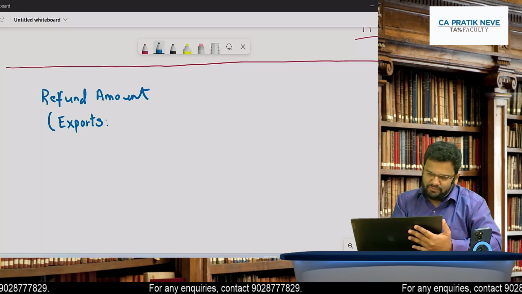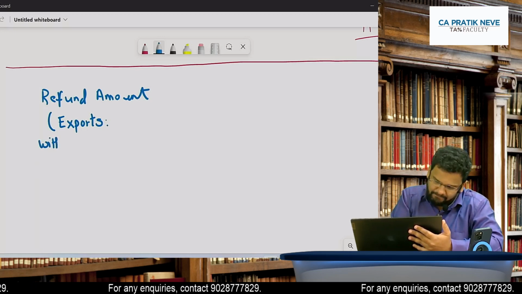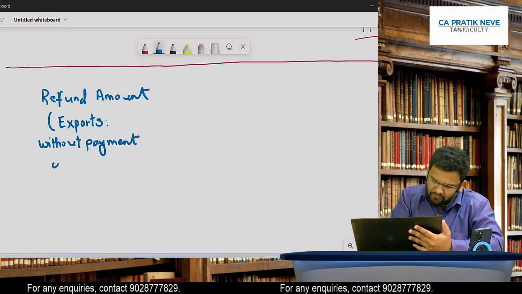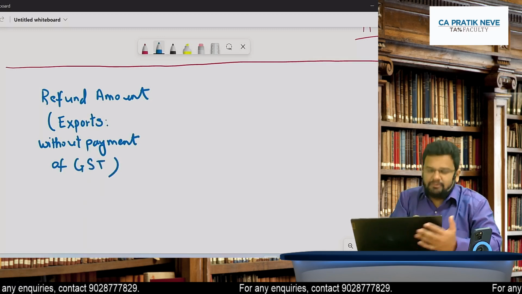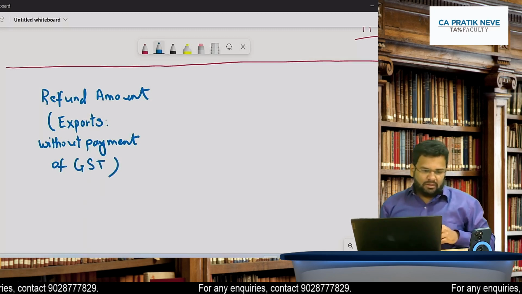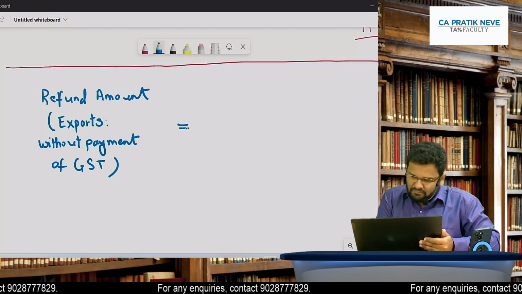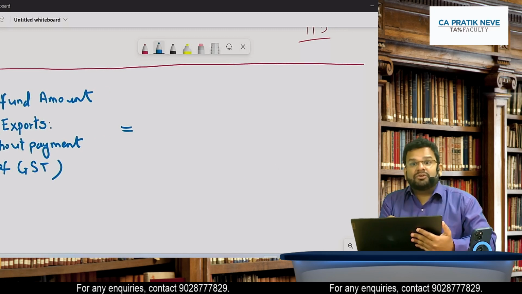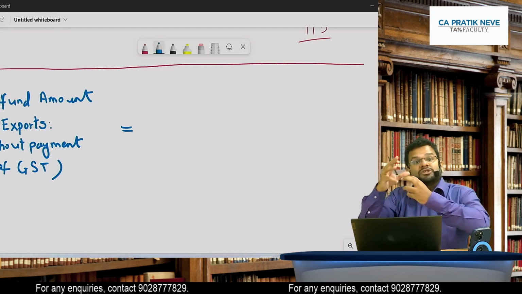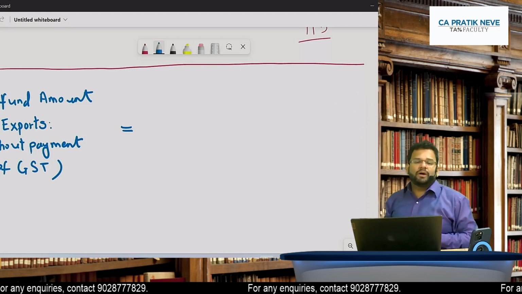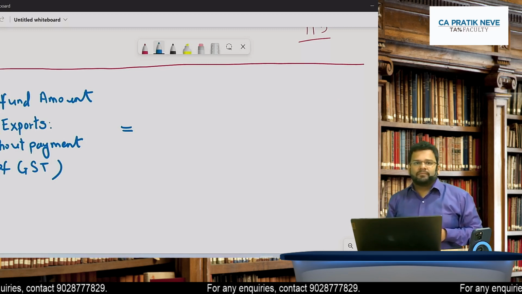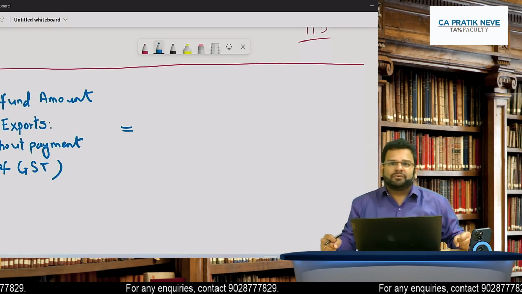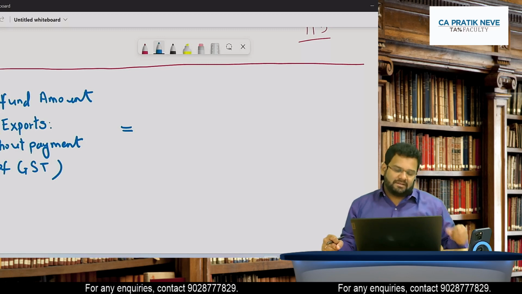Those exports which are done without पेमेंट ऑफ जीएसटी. प्रतीक्षा यहां तक समझ में आ गया? दैट इज व्हाट वी हैव टू कैलकुलेट. नाउ listen carefully. In this, do you agree that in proportion of exports done, you need to have the refund? Is it agreed? Yes. Wonderful.